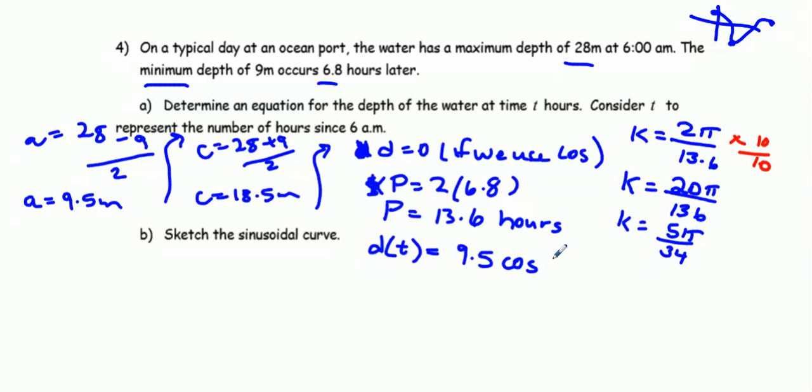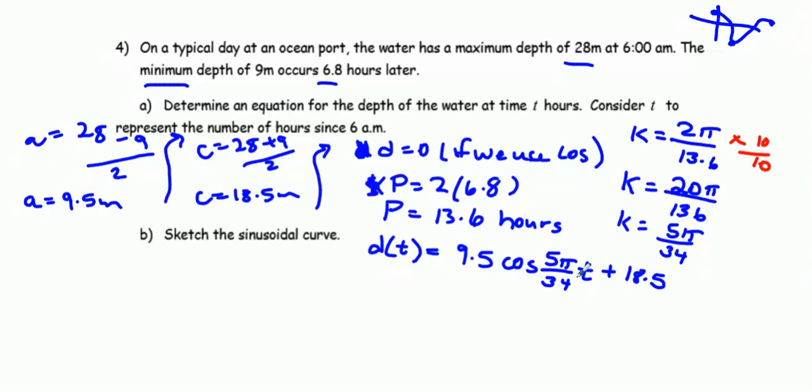My k is 5 pi by 34 times my variable t, and then the only other thing I need to put in there is my displacement. There we go. Okay, so that's an equation that represents the depth over any particular number of hours since 6 a.m.